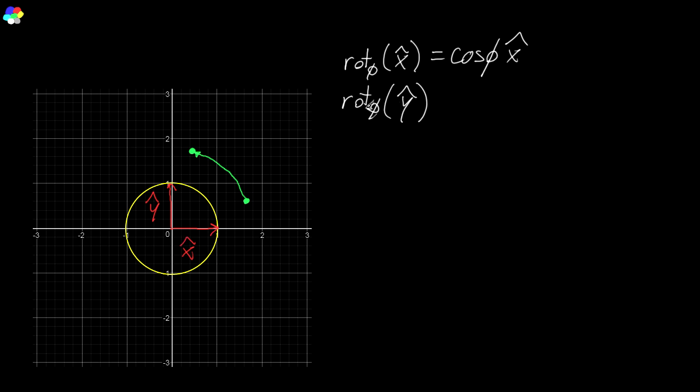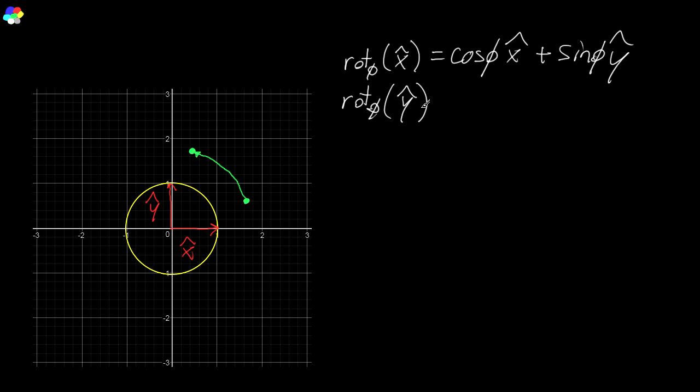That's the x component. The y component is going to be sine phi, and we get that by multiplying by y hat. So there you go. Rotation of x hat is equal to cos phi x hat plus sine phi y hat.